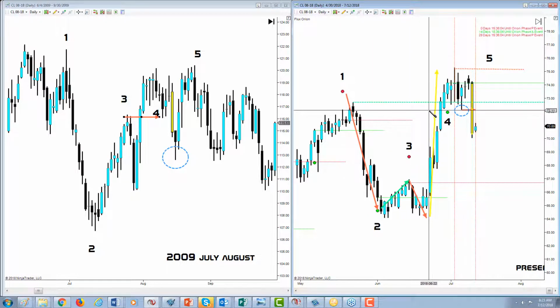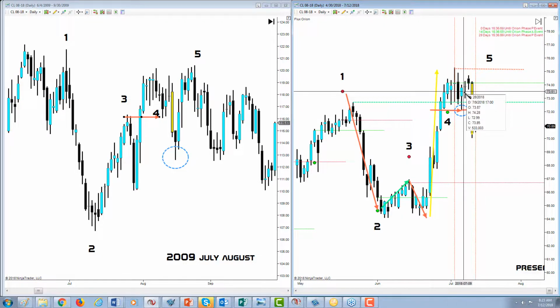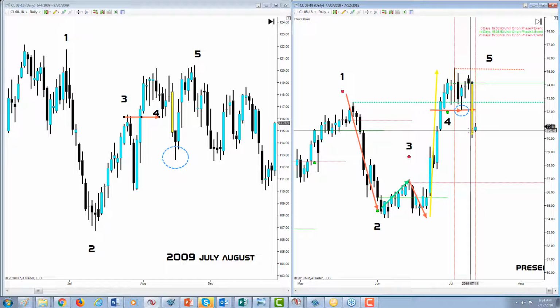That meant we were watching for a puncture of 72.14. And of course we had that massive drop yesterday.